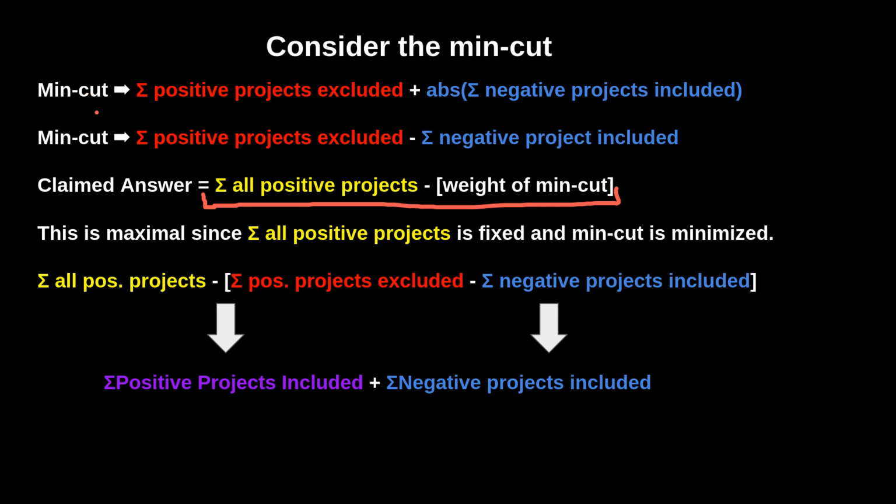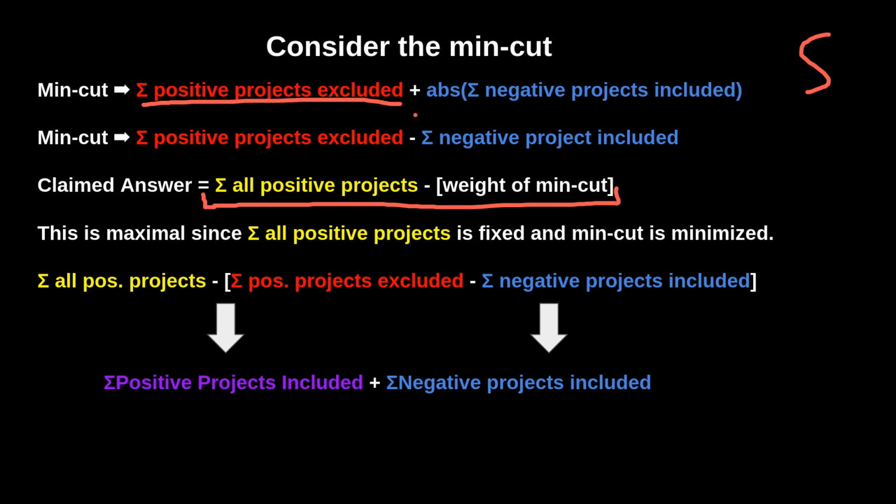The reason this is the case is that the minimum cut represents some set S of projects where we have the sum of positive projects that have been excluded from this set S plus the absolute value of the sum of negative projects that have been included in this set S. This is also equivalent to subtracting the sum of the negative projects included.